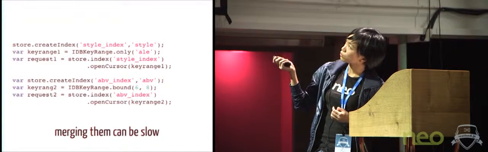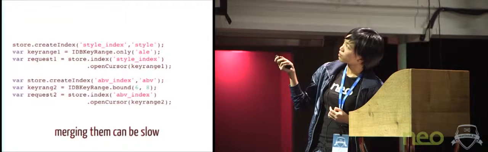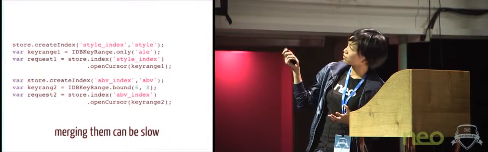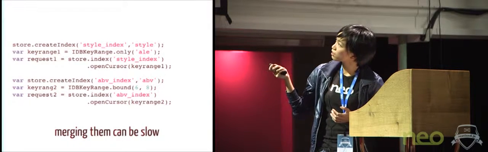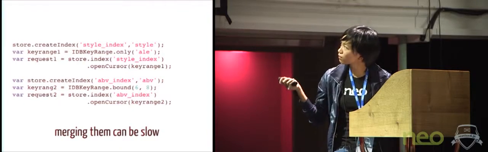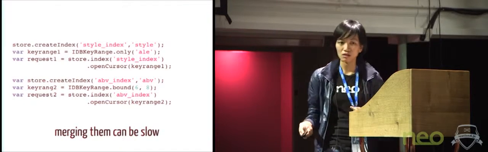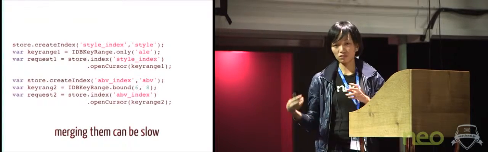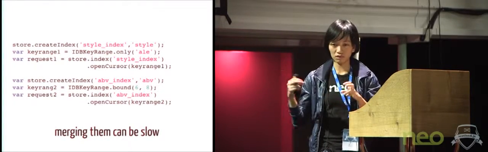Similarly, I can do one with the ABV property and select a particular range from 6 to 8, and open another request to select this value. And if I try to merge them manually, it can be slow because you can see there are 2 callbacks. They have to wait for each other.